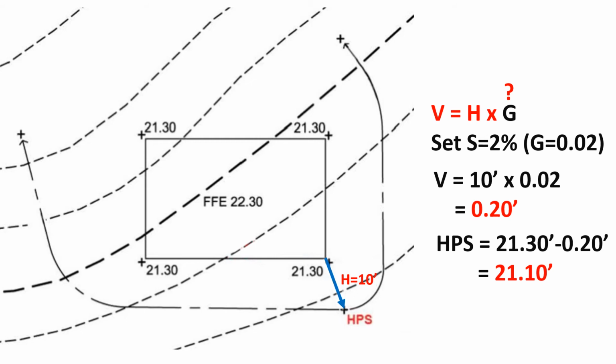Now here, a common mistake is that sometimes students didn't realize that HPS should be lower than the corner to drain water away from the corner, right? So once you calculate V, the elevation change, remember that you need to subtract that from the corner instead of adding it to the corner elevation.